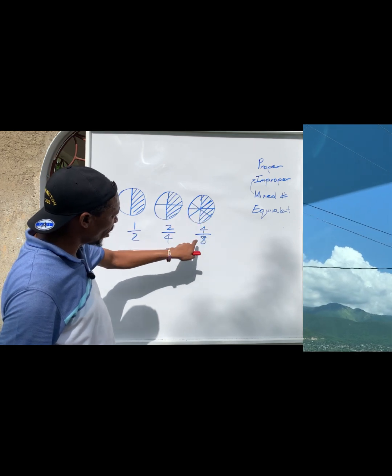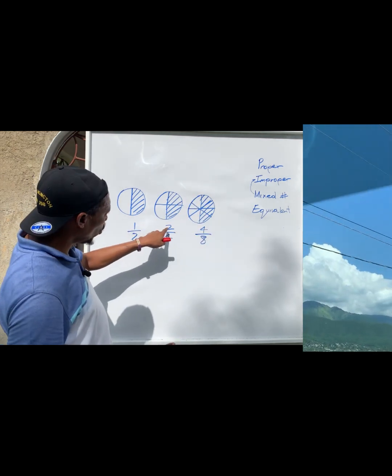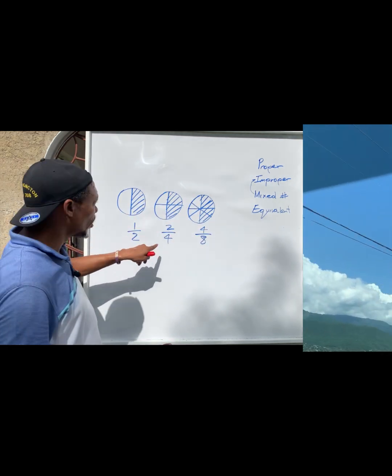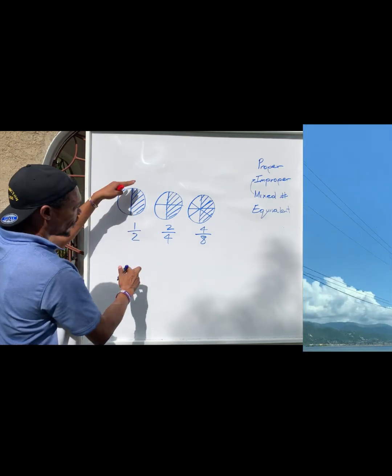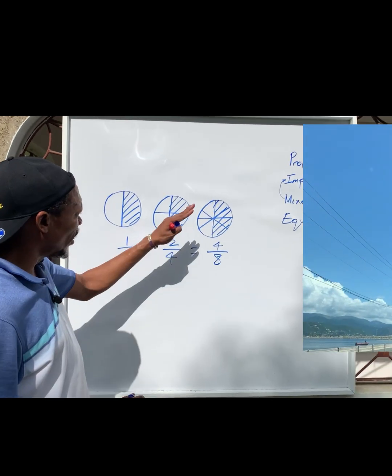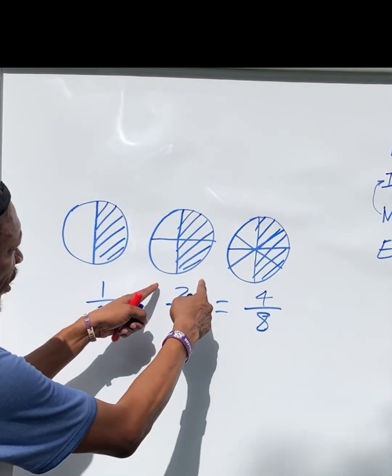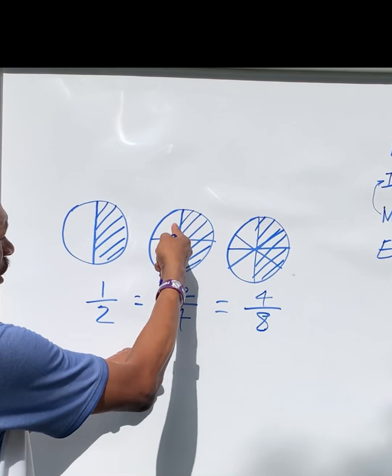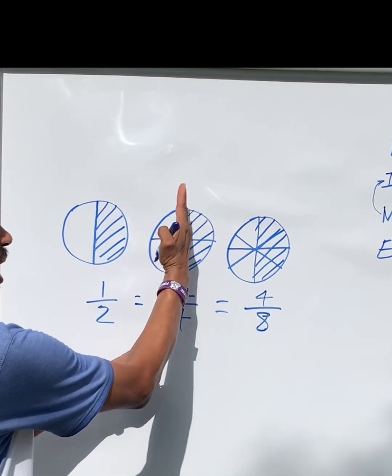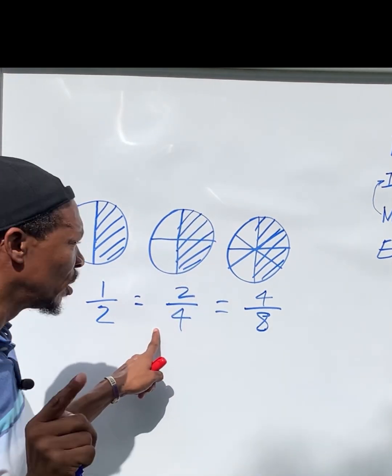4 that's shaded over the total, 2 being shaded out of the total, 1 being shaded out of the total. Why we say these are equivalent fractions is that if you look at this carefully, we would have shaded a half of this circle.